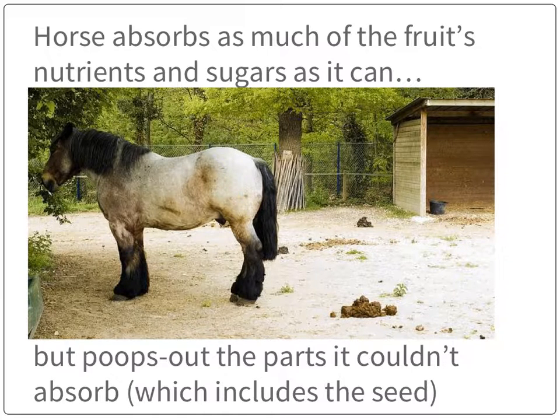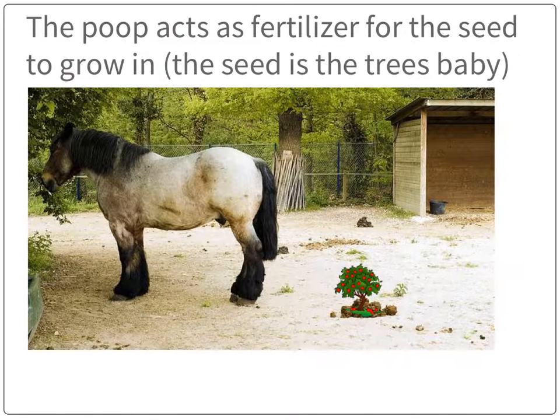And we call that poop. And that poop is pooped out, and it would be the parts that were not absorbed, which includes the seeds. Well, that poop, which is all the food that was not absorbed by the horse, acts as fertilizer for the seed. So the seed will actually use the nutrients in the poop to grow.